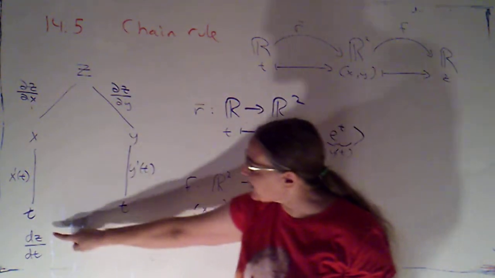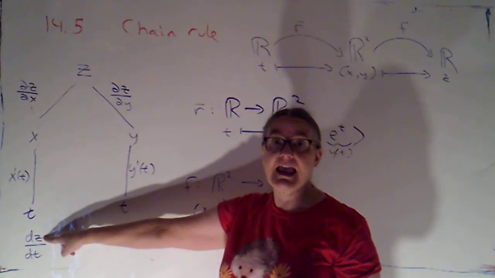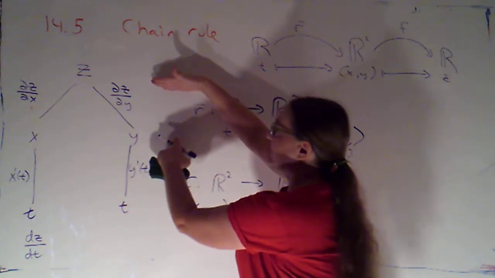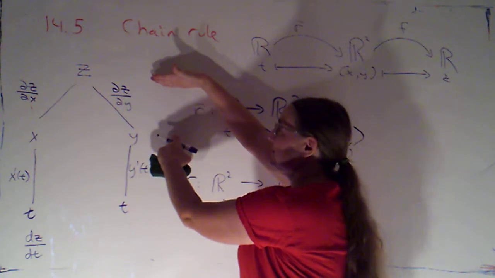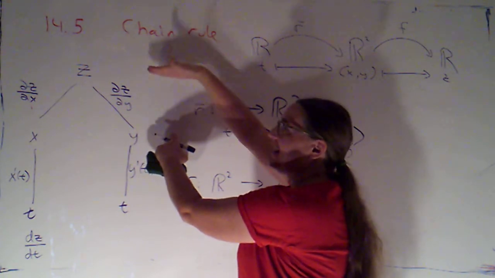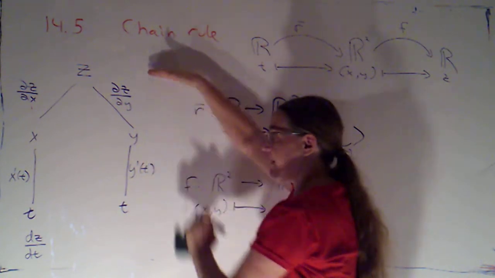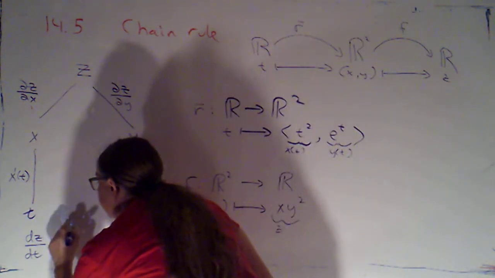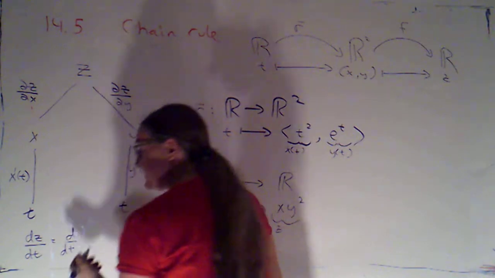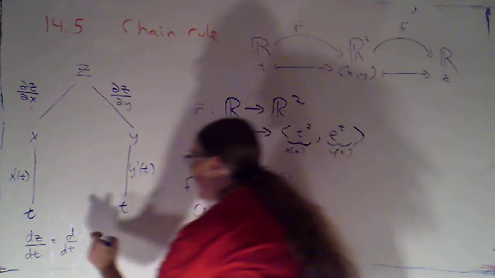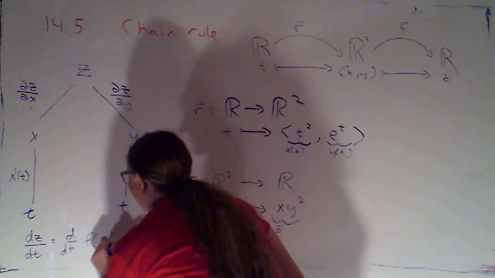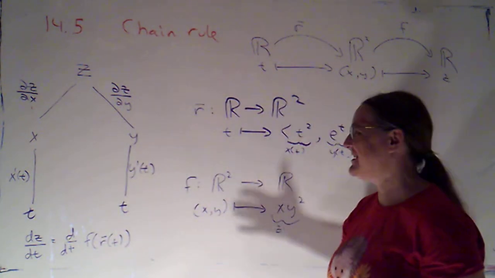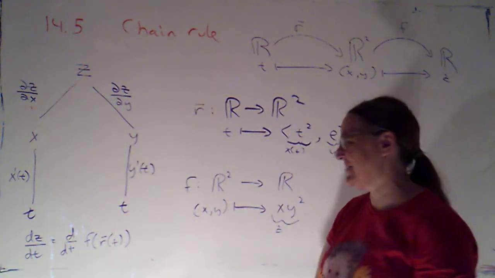Now here, I don't have the option of writing f instead of z, because f is only dealing with this part. F is the relationship between x and y and z. Okay, so I'm looking at dz by dt, or I could write it as the full derivative with respect to t. If I want to use the name f, I need to indicate that it's f of r of t, because f wasn't a function of t, f was a function of x and y.